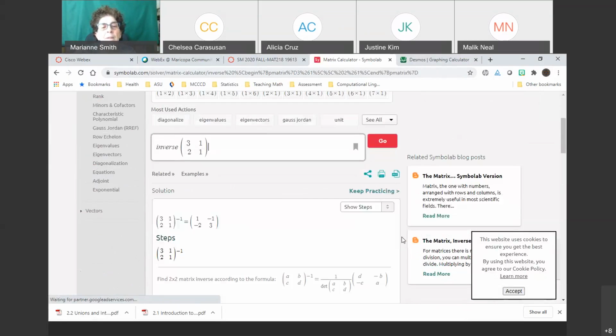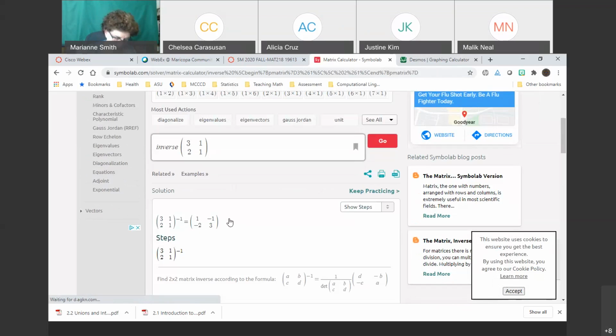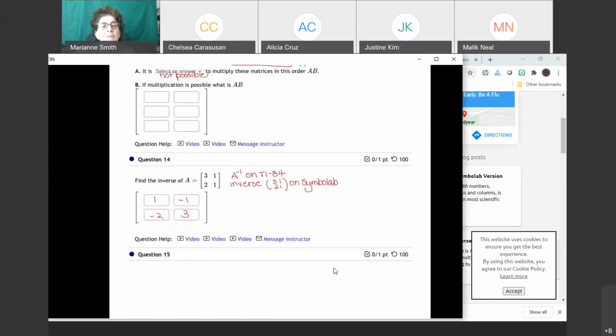And here's the inverse. I'll write that down. 1, minus 1, minus 2, 3. All right, questions on using either tool? We're good with that?